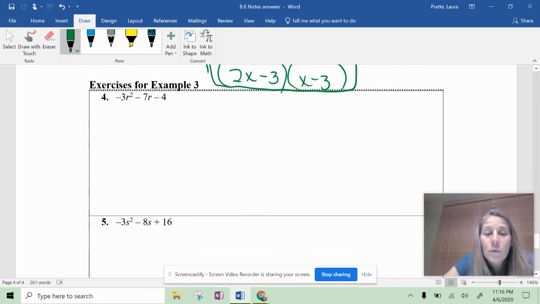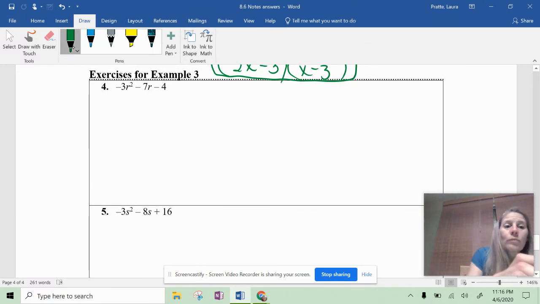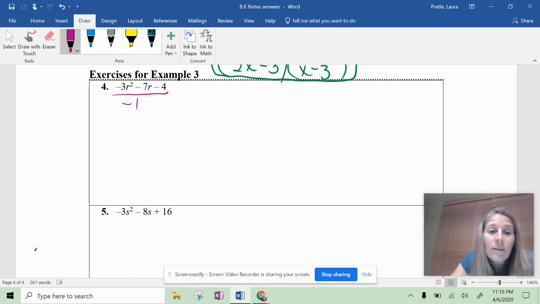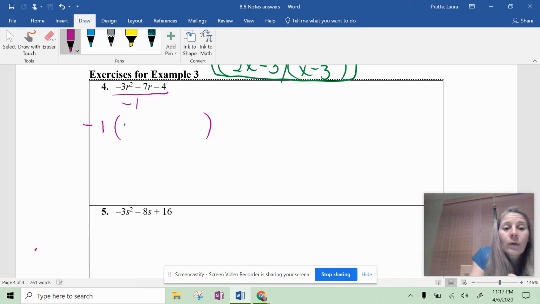They all have some sort of GCF, most likely with a negative that you're going to have to take out, right? So this first one will divide out the -1. There's no number that 7, 4, and 3 can all be divided by besides 1, so it's just -1. So after you take out that -1, we have positive 3r squared, positive 7r, positive 4.